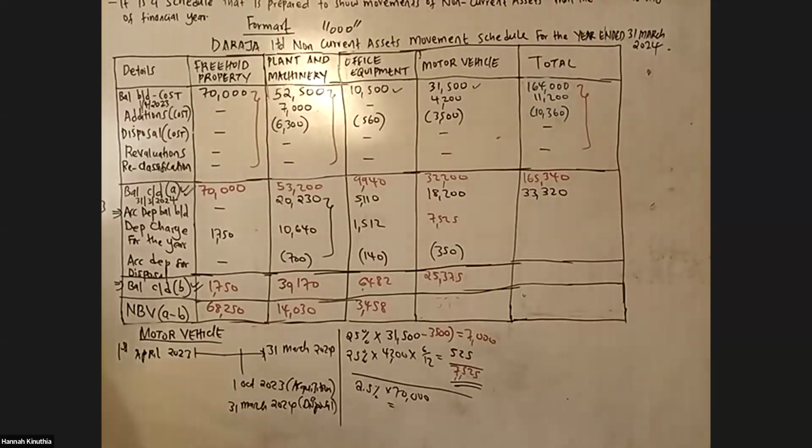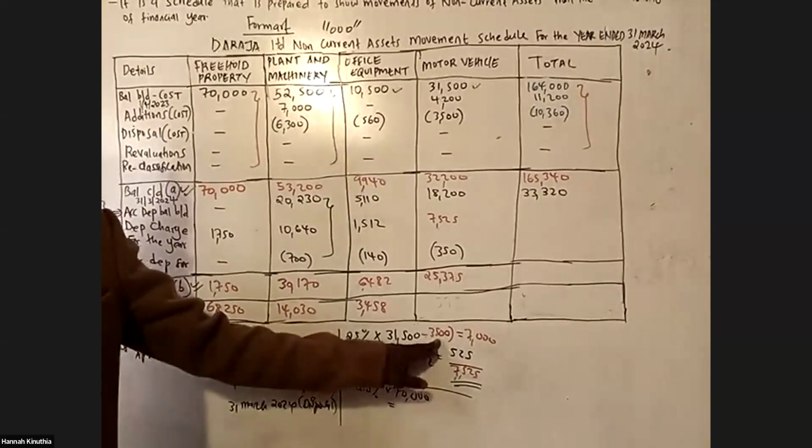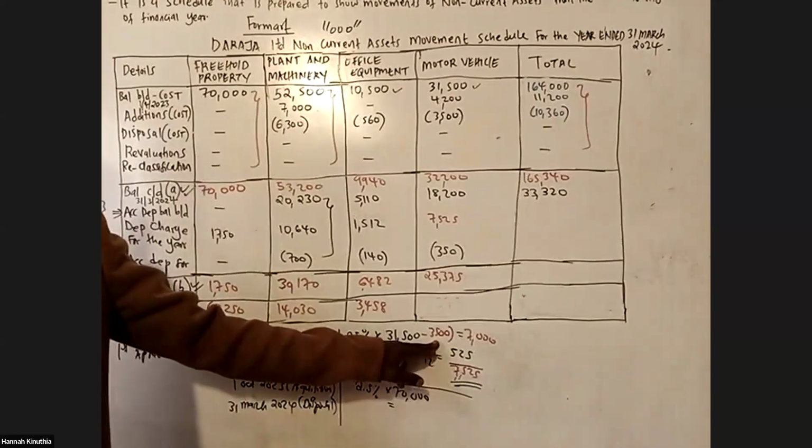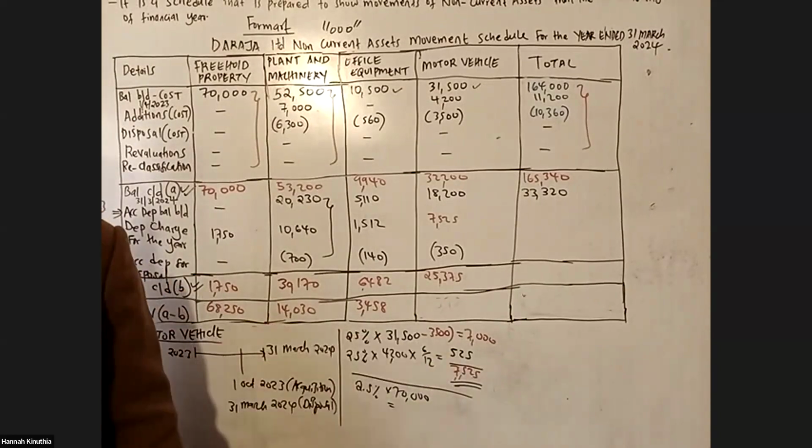Actually, you are not supposed to deduct, because if we deduct, what about its depreciation? So we got to depreciation, right, for the whole year. Is that correct? For this, that 500.